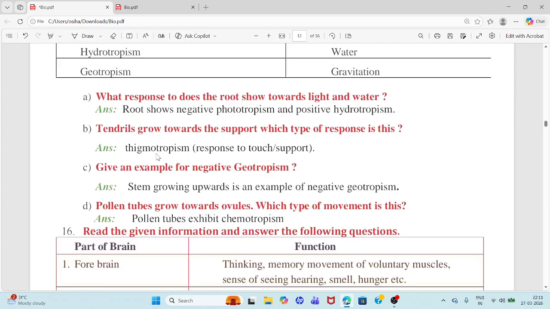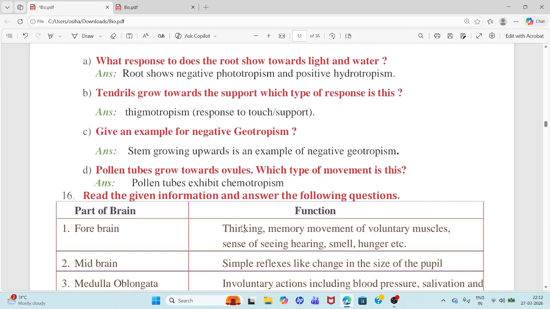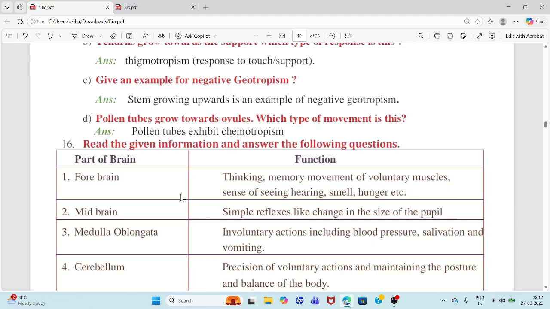Thigmotropism, meaning response to touch or support. C. Give an example for negative tropism. Answer: a stem growing upwards is an example of negative geotropism. D. Pollen tubes grow towards ovules. Which type of movement is this? Answer: pollen tubes exhibit chemotropism.